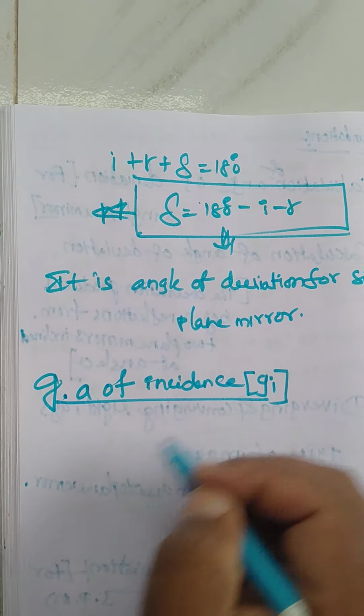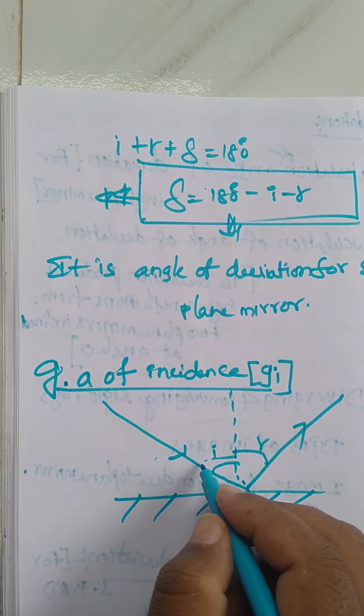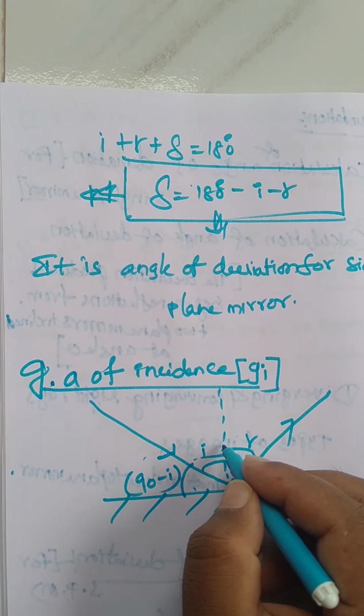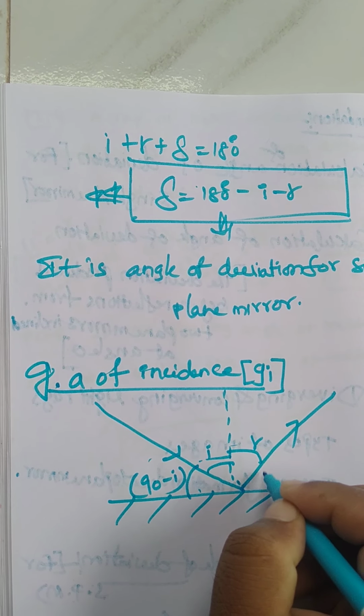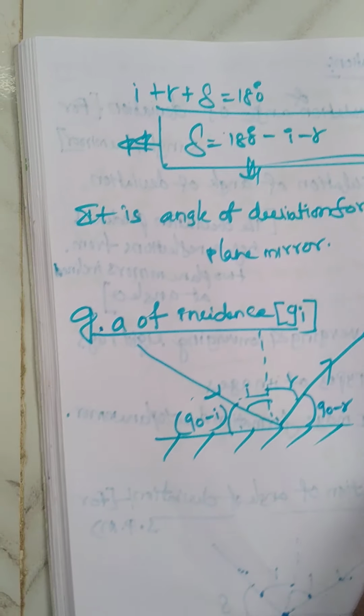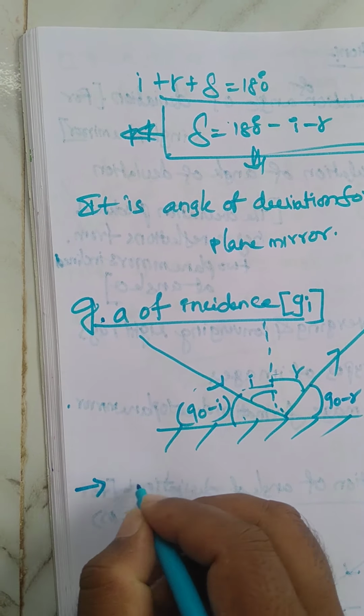It is the angle of incidence i, it is the angle of reflection r. The total is 90 degrees, so this is 90 minus i, and again it is 90 minus r.